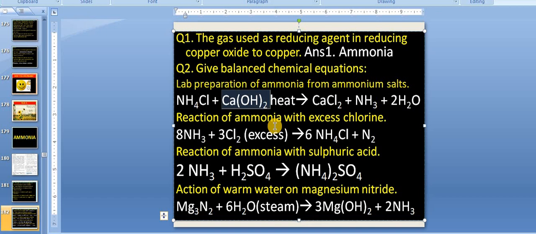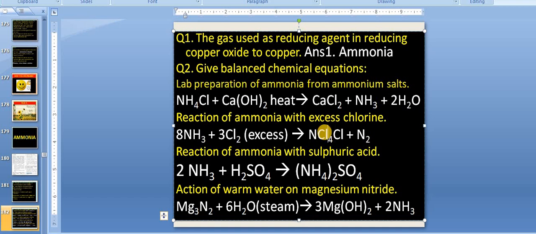If ammonia is in excess... sorry, here I think the answer is written wrong. Yes, sir, I have written the wrong answer. Here ammonia is in excess. If chlorine is in excess, we will be getting NCl3. Here you should rectify the answer. NCl3 should be the answer here, and HCl.